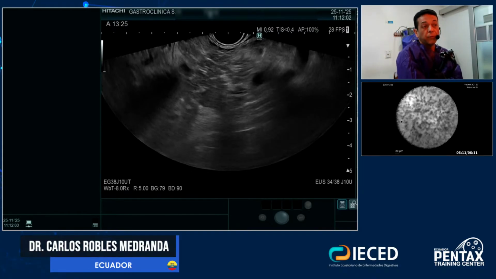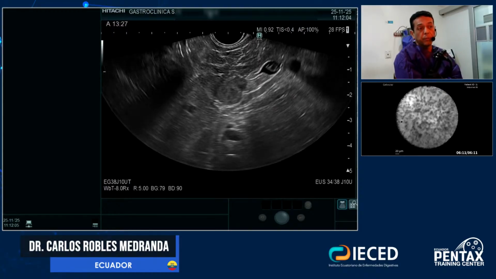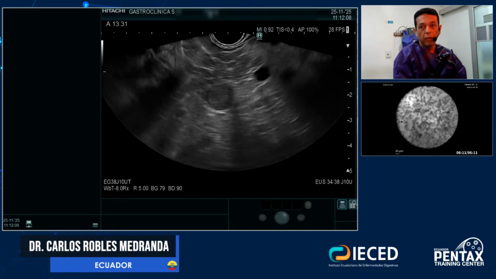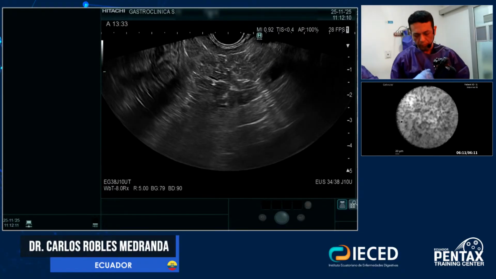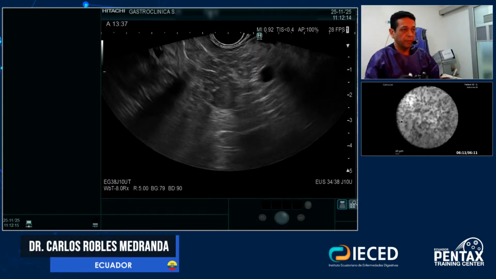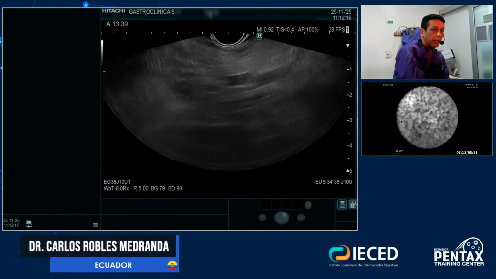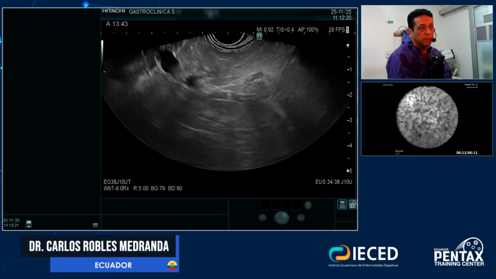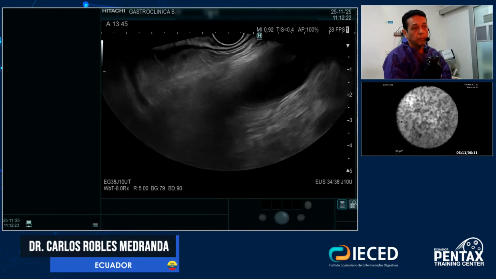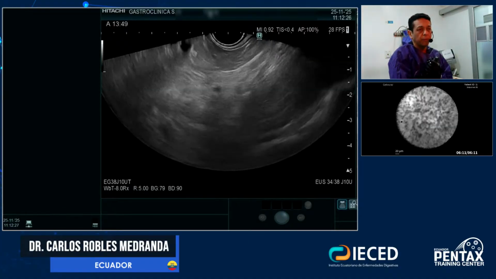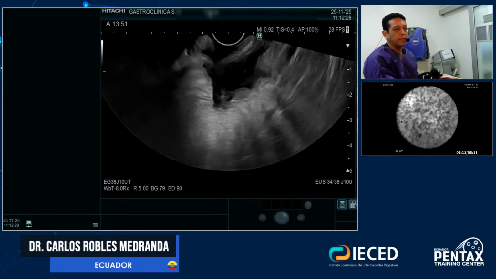So radiofrequency could be a very nice treatment option because it has very good success rates of from 92 to 98% depending on the series published. But well, I didn't see anything more. For sure, this was a patient that smoked a lot, so I don't see anything. And for the moment I didn't see anything in the liver.